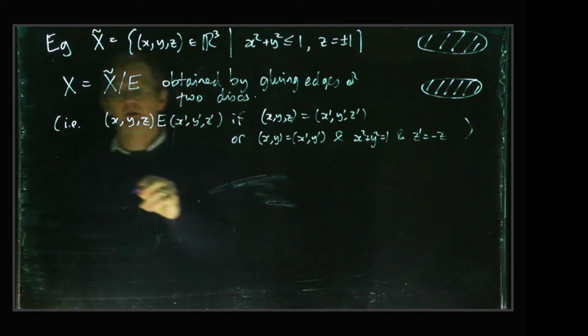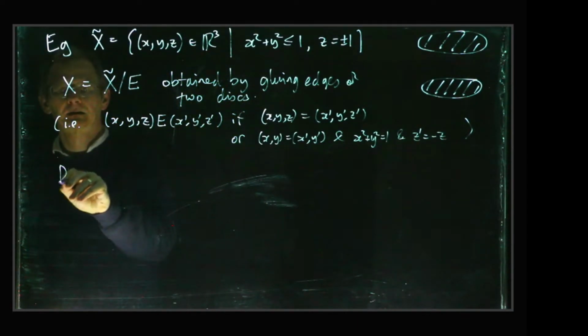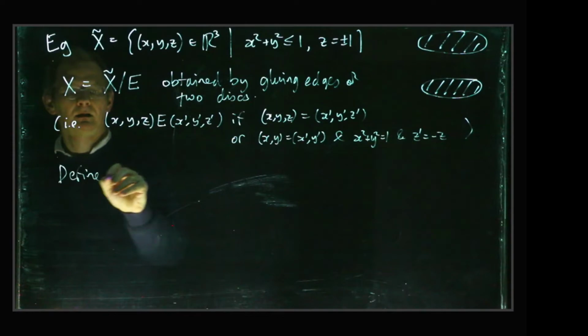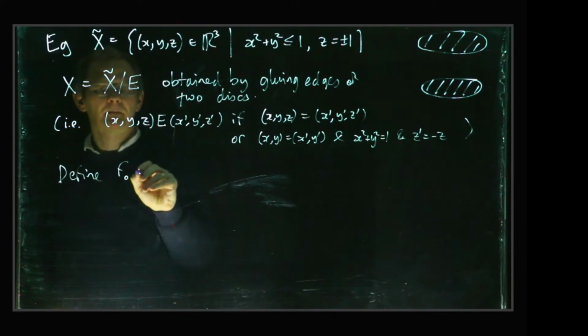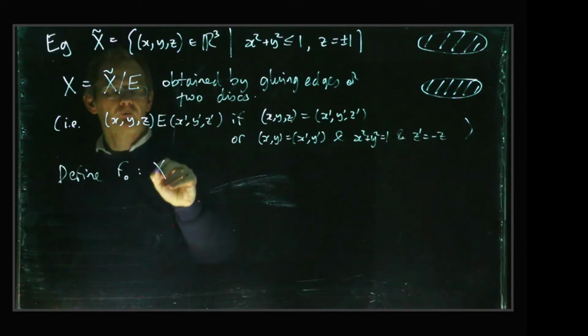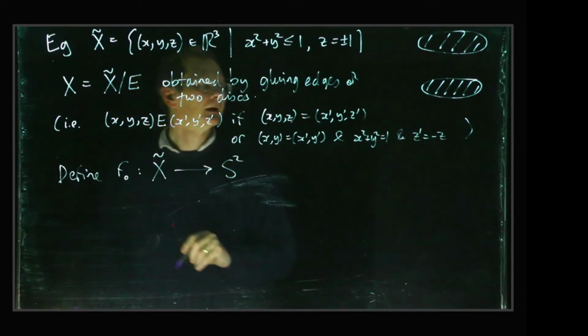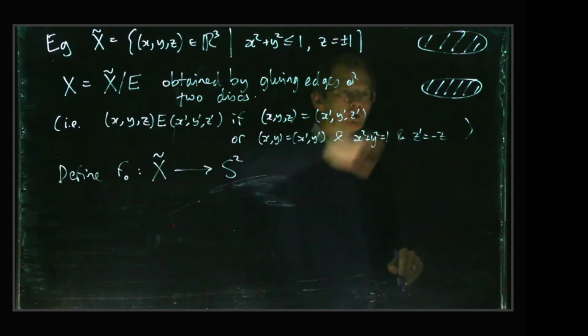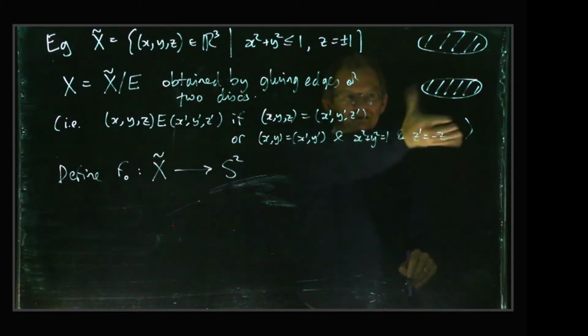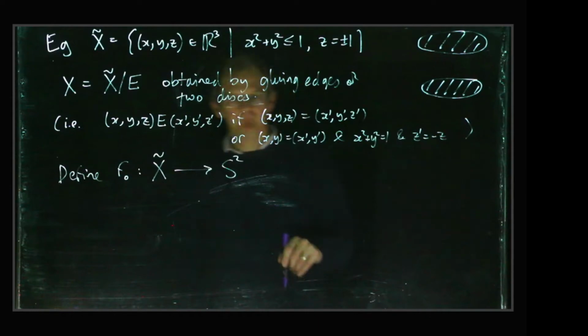Okay, and then we define a map F naught from this X tilde to the unit sphere S^2, by squashing the top disk into the top hemisphere and the bottom disk into the bottom hemisphere.